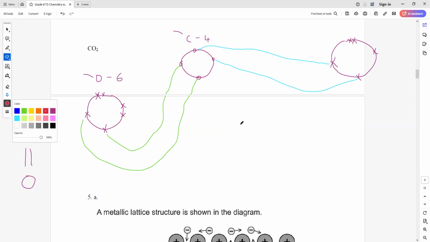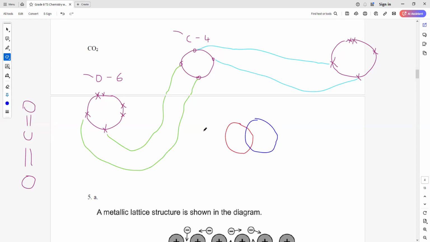This is the outermost shell of carbon, right? And this is for oxygen. Now, all the outermost shell electrons in the carbon atom are paired with 2 electrons in the outermost shell of the oxygen atom.